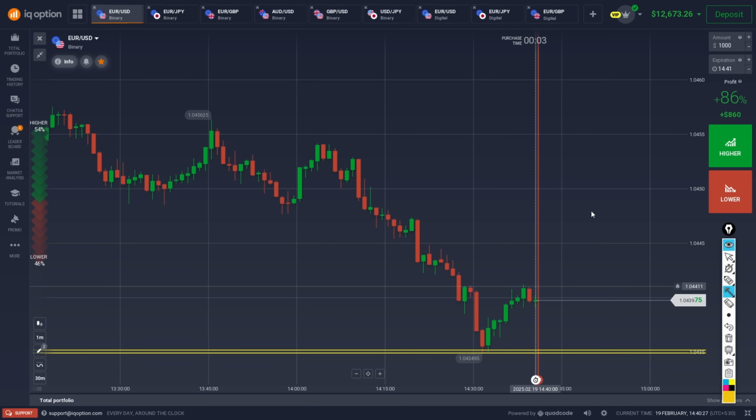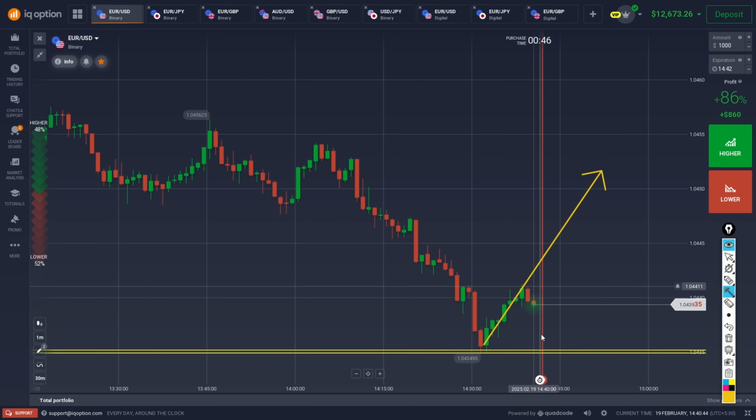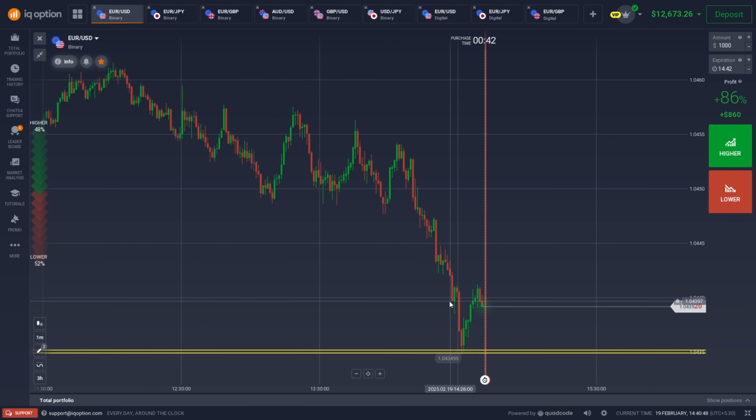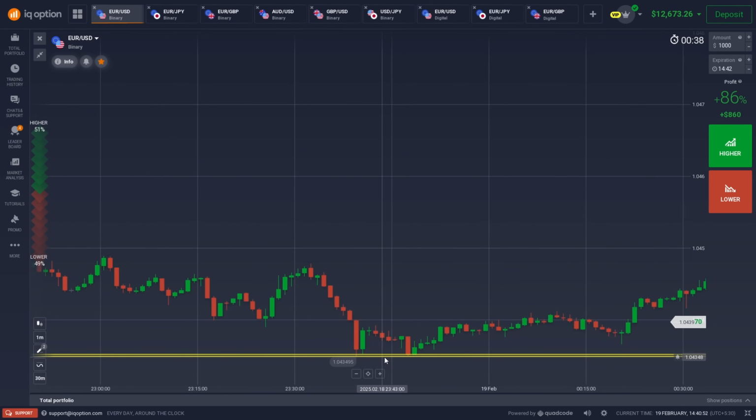Now to have all the confluences at a particular zone, we need strong zones like support or resistance, you can say, or supply or demand. In this case, as this is a downtrend, to get a retracement we need a strong support level or a strong demand zone. When I zoomed out, I found that we have this extreme level of support.